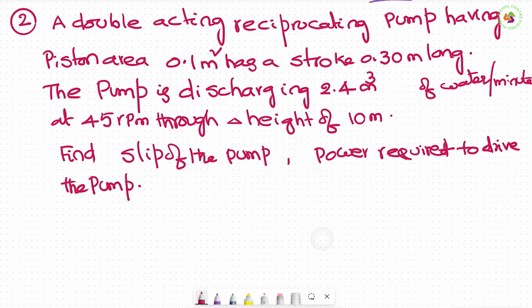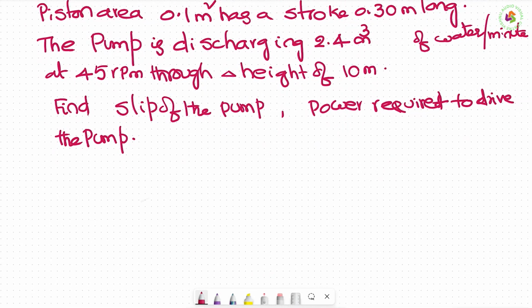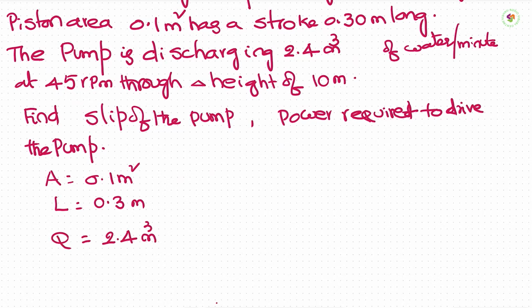So let us see what he has given. Piston area A is equal to 0.1 meter square. Then L is equal to 0.3 meters. And discharging means, whatever he has given, Q is equal to 2.4 meter cube per minute.